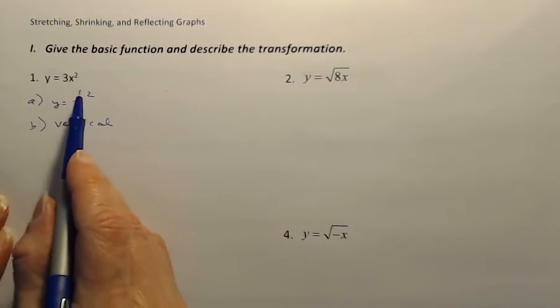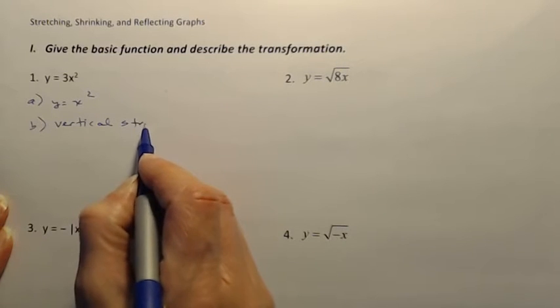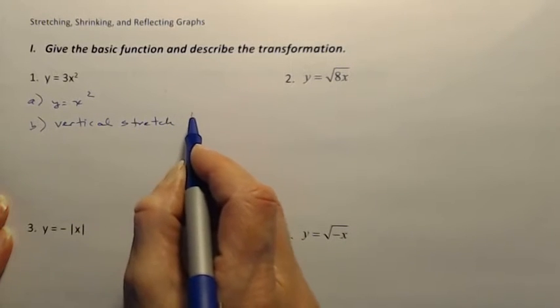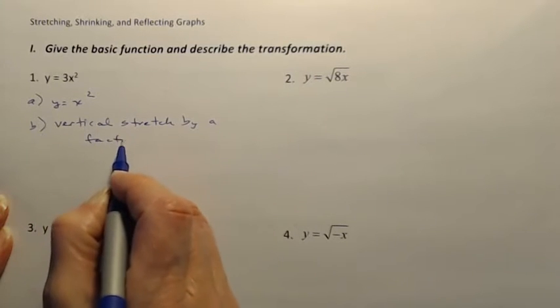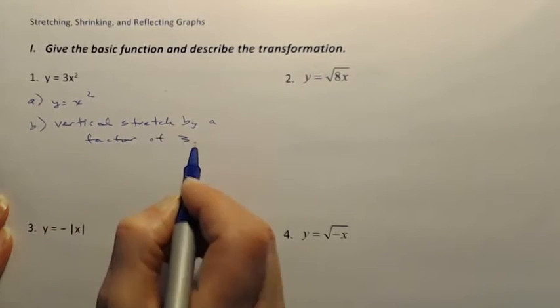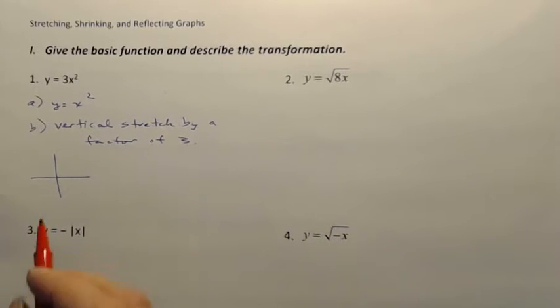And in this case, all the outputs get multiplied by 3, which will stretch the graph by a factor of 3. And again, keep in mind, a vertical stretch means a stretch away from the x-axis.